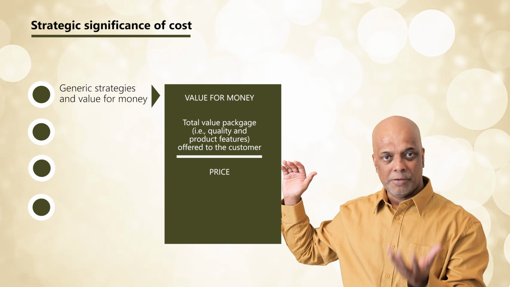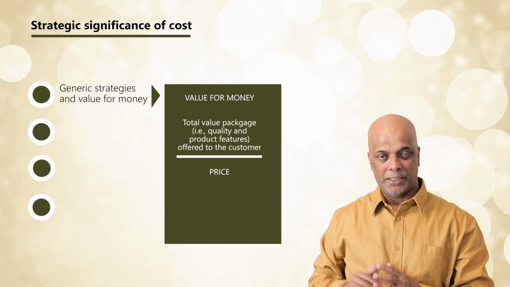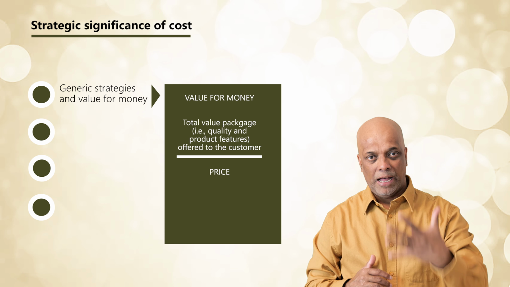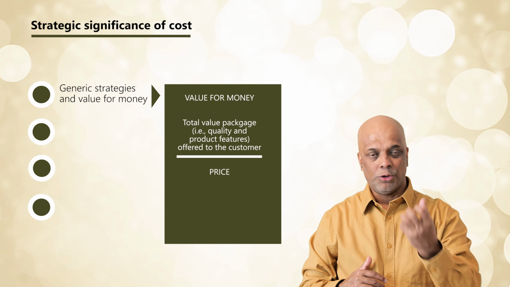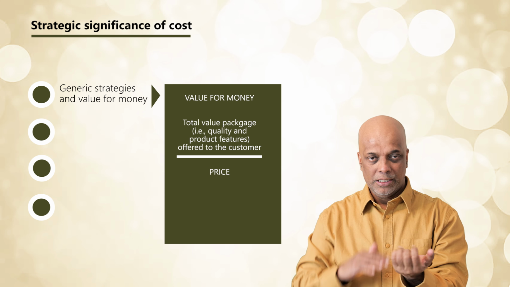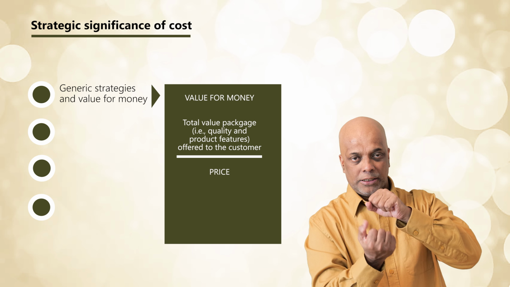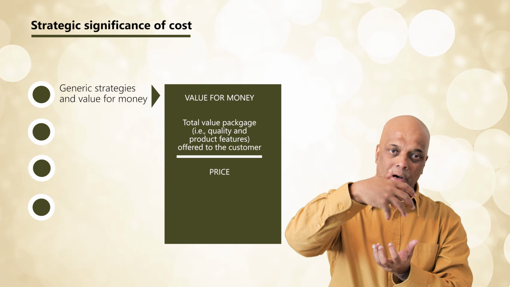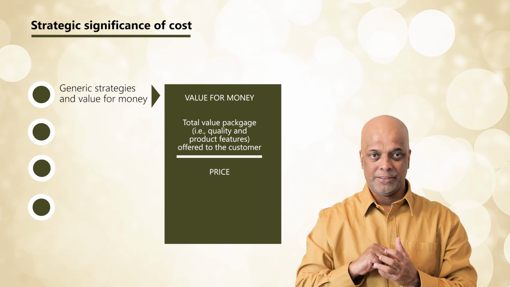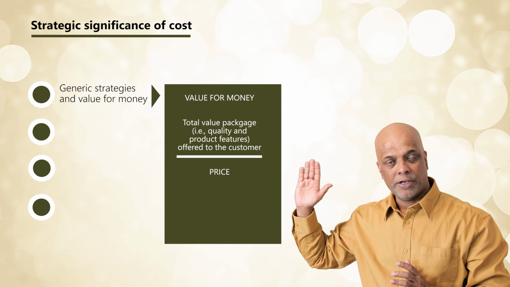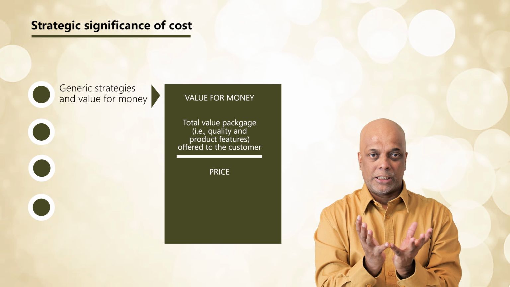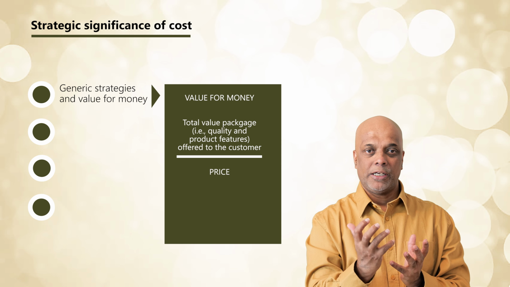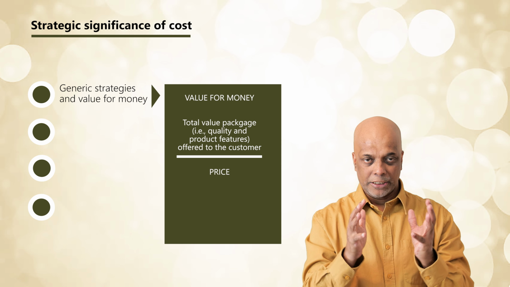Price still determines the value for money because the value and quality wouldn't stand on their own. The value and quality would always stand upon the price that we are demanding from the customers. So that is the first theme according to which we can explain the strategic significance of cost: generic strategies and the value for money.